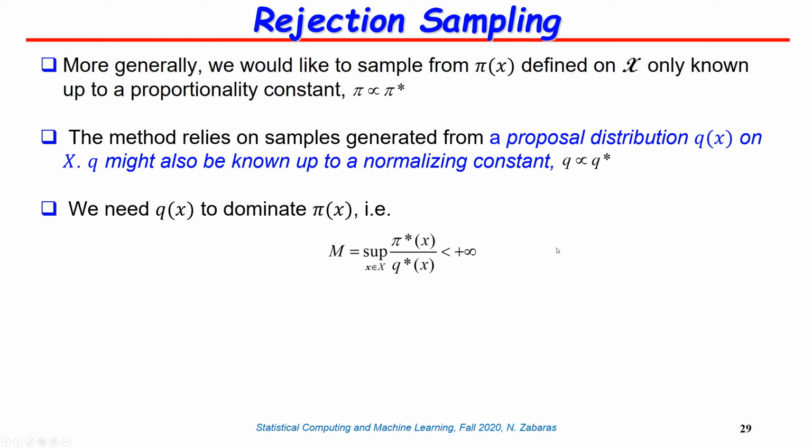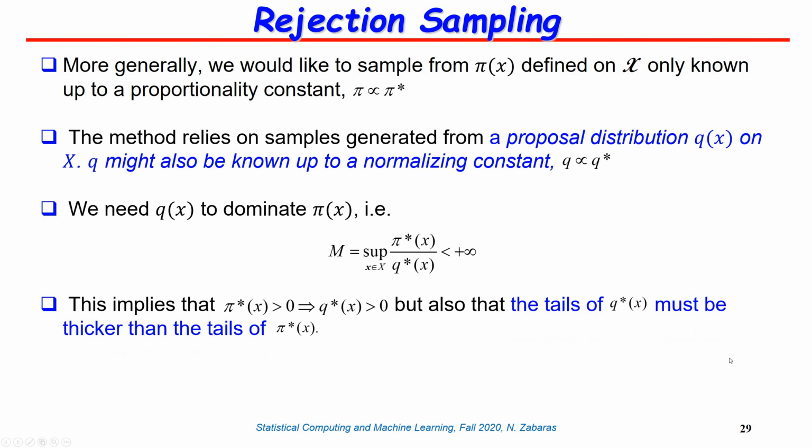If you think of plotting these distributions, if they are univariate distributions, and I'm going to show you a schematic soon, then q has to be on top of pi, which means q needs to have fatter tails than the distribution pi. And of course, in the regions where the distribution pi is positive, q star also has to be positive.